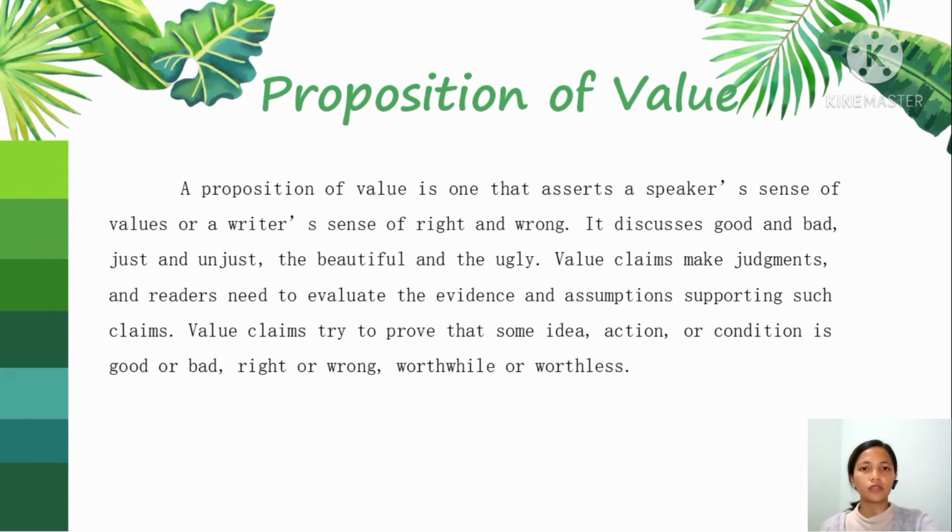Value claims make judgments, and readers need to evaluate the evidence and assumptions supporting such claims. Value claims try to prove that some idea, action, or condition is good or bad, right or wrong, worthwhile or worthless. So this may include arguments about a moral, aesthetic, or philosophical topic.